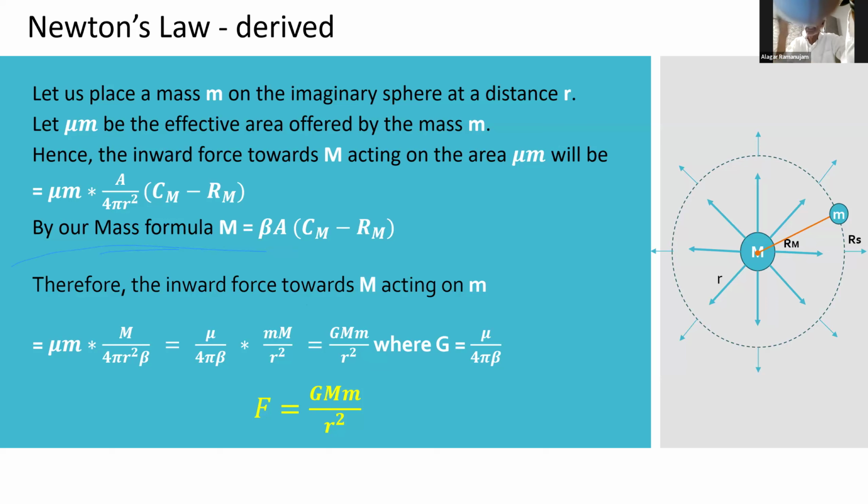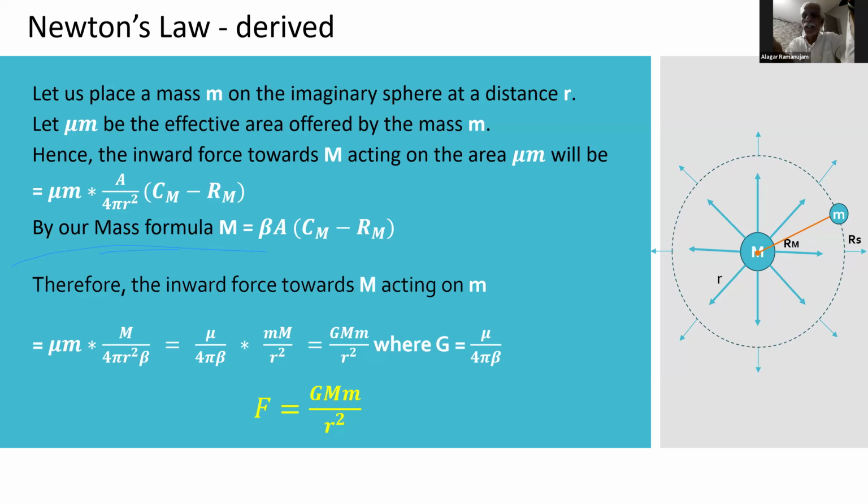So what is the force on the second mass? M by 4 pi r square beta is the force on unit area. This is multiplied by mu m, the effective area offered by small m. This will be the total force on m. So here we keep M, capital M, we keep r square, mu is up, 4 pi beta is here.